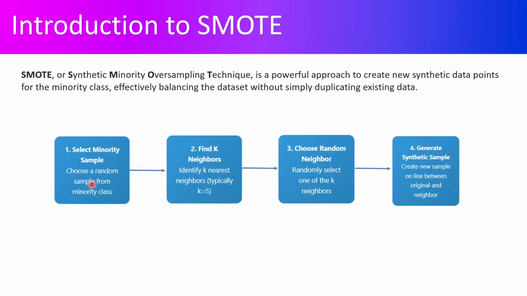For each minority class example, SMOTE finds its k nearest neighbors, and by default k is 5, so it finds 5 nearest neighbors from the same class. It then picks one of the neighbors and creates a synthetic data point somewhere along the line between those 2 points. This way, you're not just copying the data, you're creating realistic new examples that help the model learn better decision boundaries.